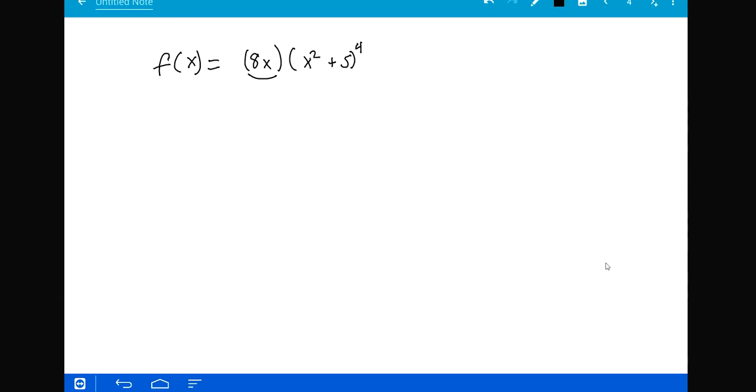Okay, so again, we'll call 8x first, and we'll call x squared plus 5 to the 4th second. We know the mnemonic for the product rule is first times the derivative of second plus the second times the derivative of first.